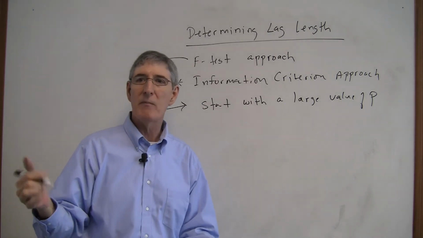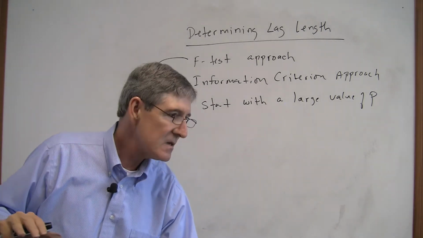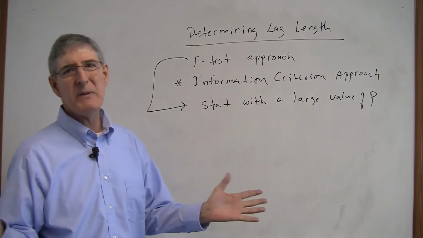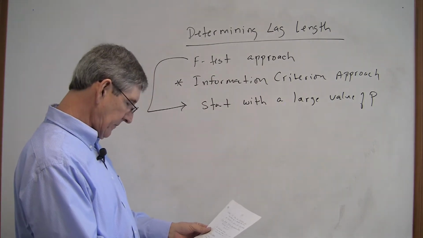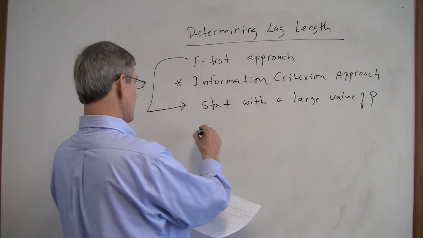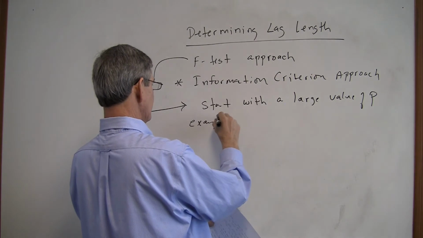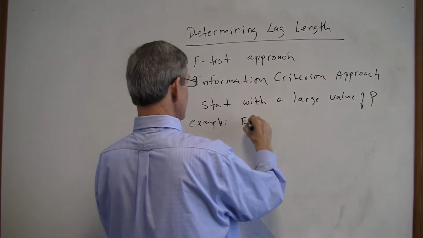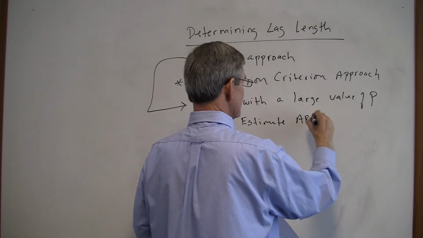So this is just an ARP, Y on P of its own lags. So I think probably 4 is enough. Maybe I start with an AR6, and then test. So, for example, estimate an AR6.